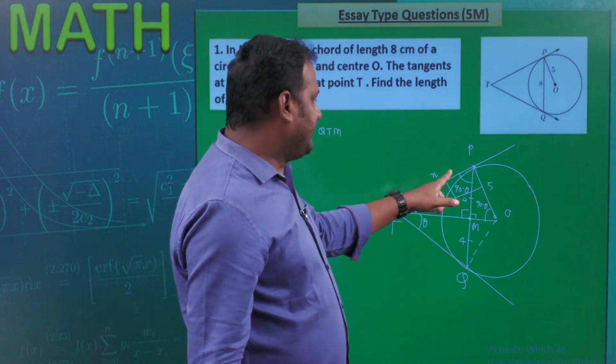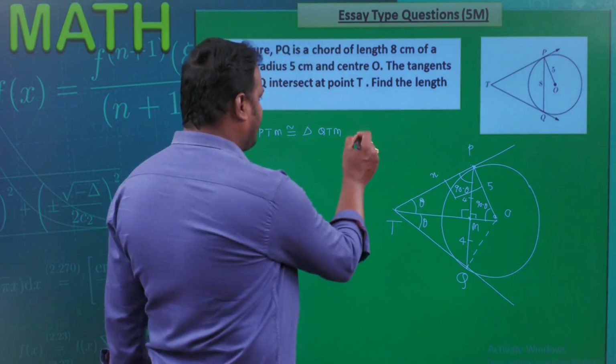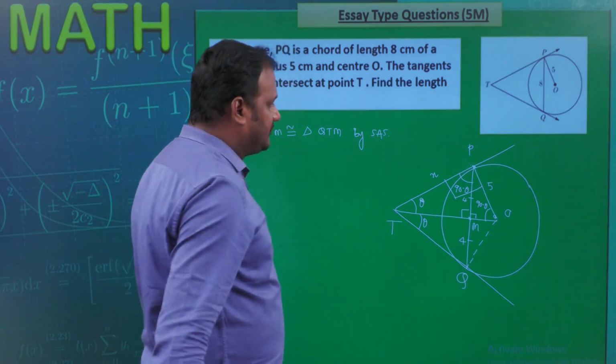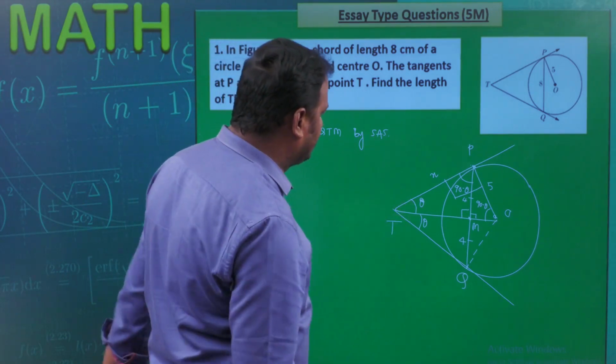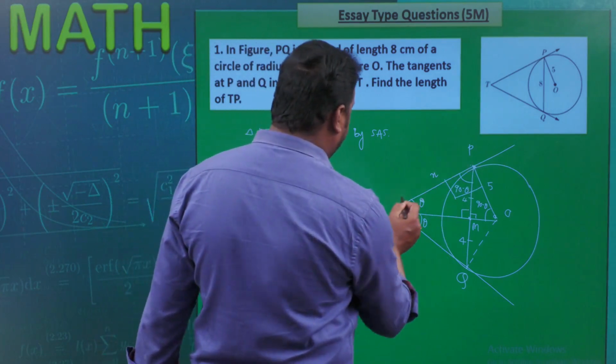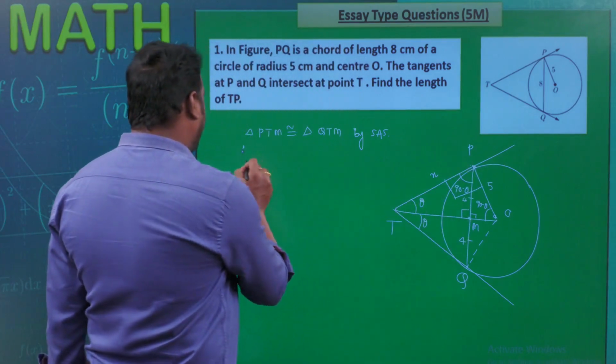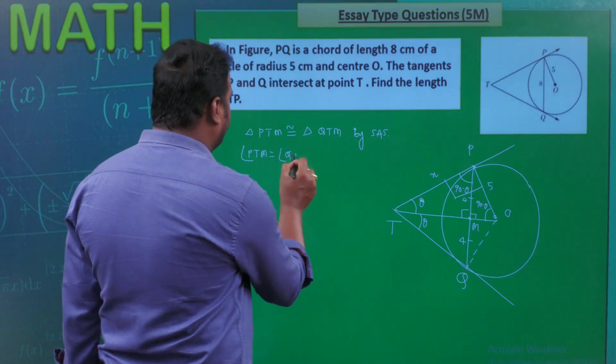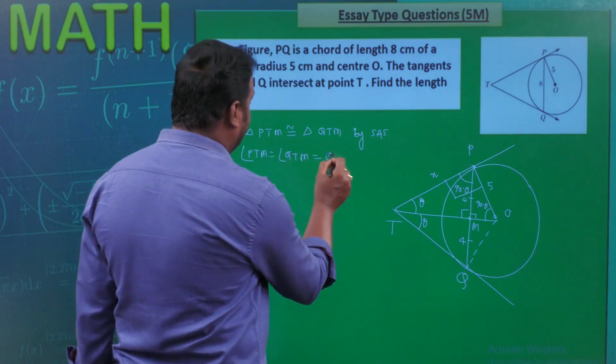That is by SAS congruence. So therefore you can say these two angles are equal. That is, angle PTM is equal to angle QTM, which is equal to theta.